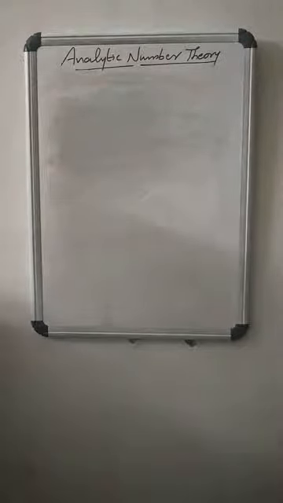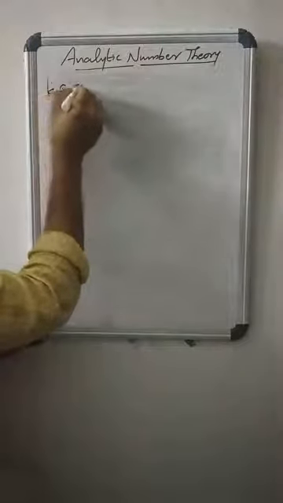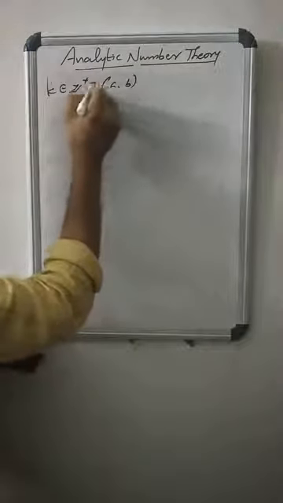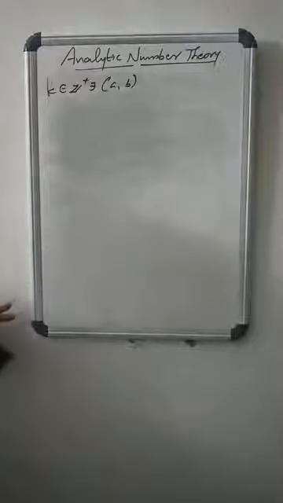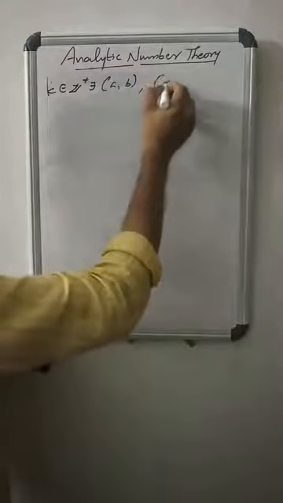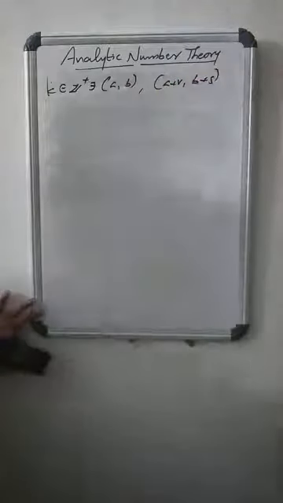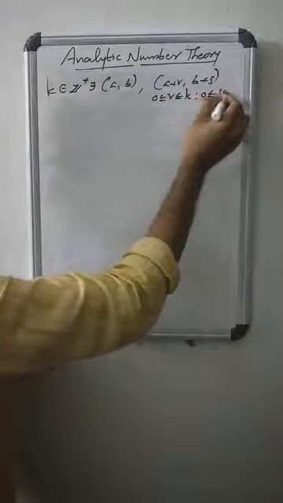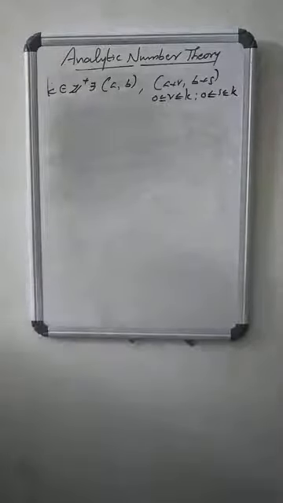That is, given any positive integer k, there exists a lattice point (A, B) such that none of the lattice points (A plus R, B plus S), where 0 is less than or equal to R, and 0 is less than or equal to S, both less than or equal to k, is visible from the origin.